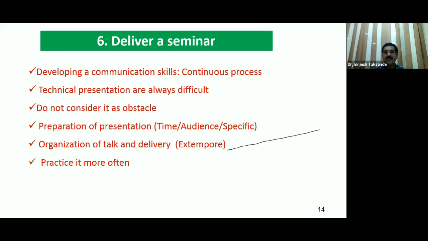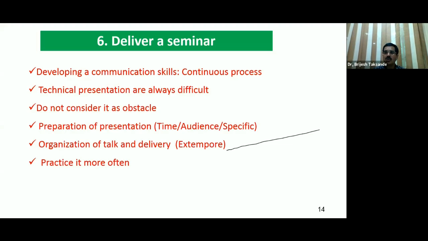Then organize your talk and delivery. So for example, if 15 minutes are allowed to you, and you talk for 10 to 12 minutes just on introduction, naturally you will not get sufficient time to discuss your results and methodology. So you have to organize your talk in a way that for everything, from giving background to discussing your methodology, to discussing your results and actual scientific contribution, you get sufficient time.